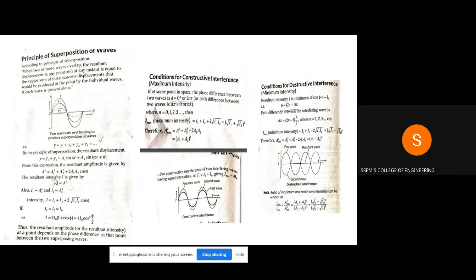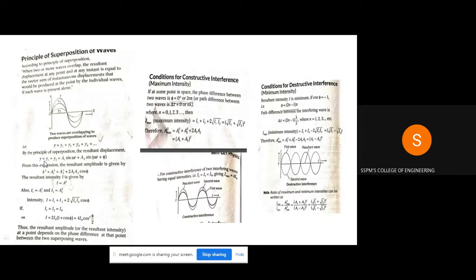The resultant intensity I is directly proportional to A square. What is A? It is the amplitude of the resultant wave, while y is the resultant displacement. Amplitude is simply the maximum displacement of a particle from its mean position.